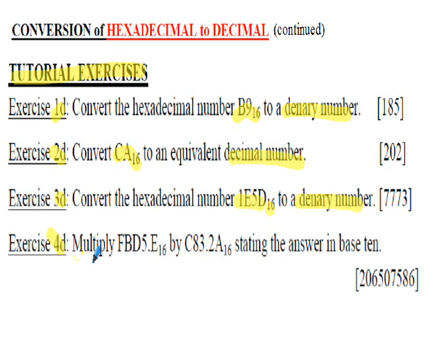And exercise 4D, you're asked to multiply a hexadecimal number by another hexadecimal number, stating the answer in base 10. Again, I would encourage you to work out both the hexadecimal numbers in terms of denary numbers and then multiply them together. Answers are shown in the square brackets on the right hand side.